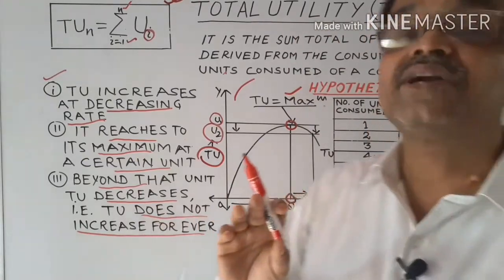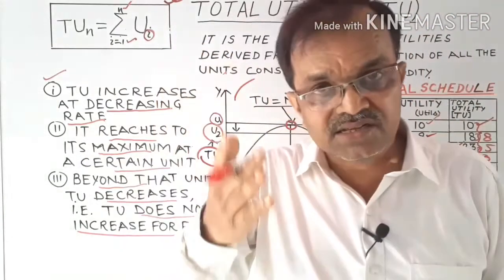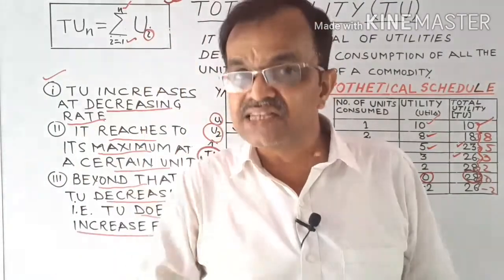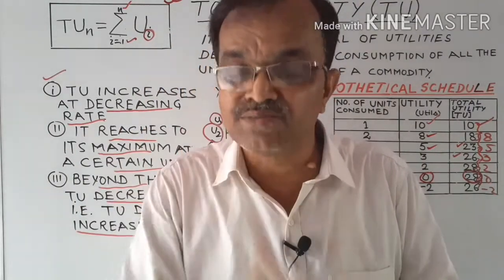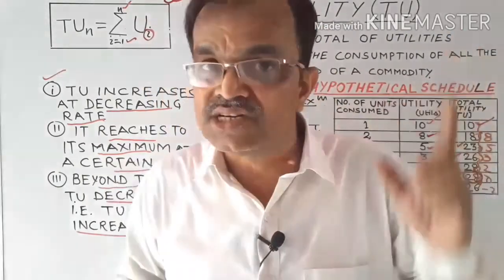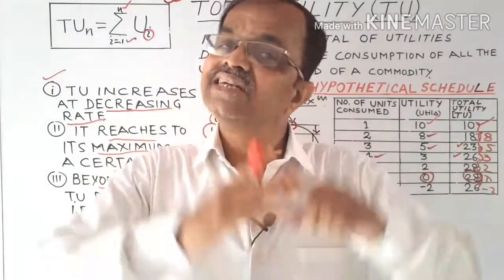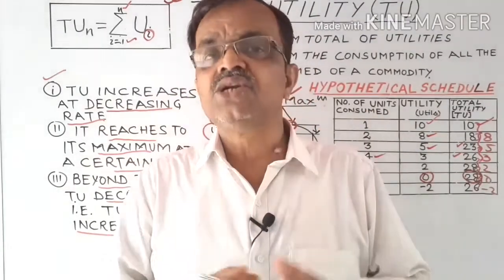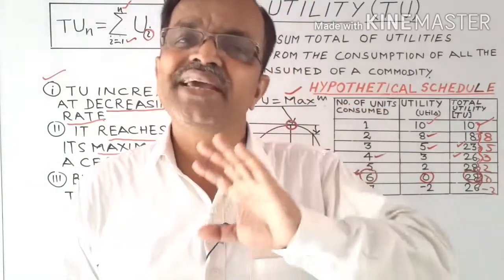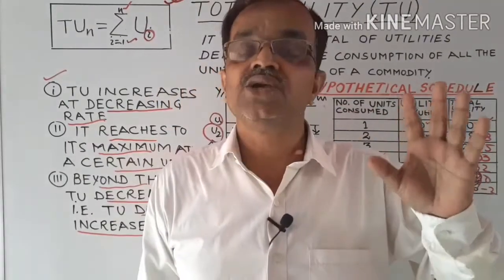It will not always increase, it will increase only up to a certain unit of consumption, and beyond that unit of consumption, if further consumption is continued, total satisfaction decreases. That's all about total utility and its behavior during consumption of any commodity in this whole universe.